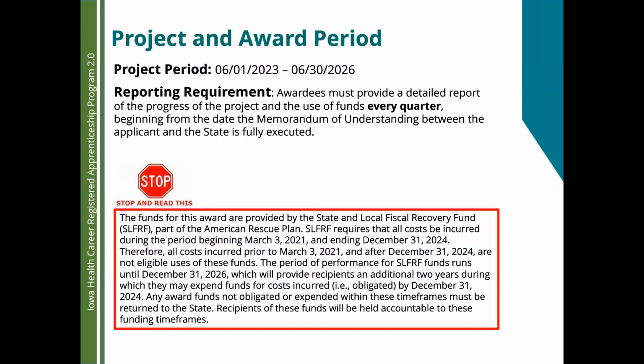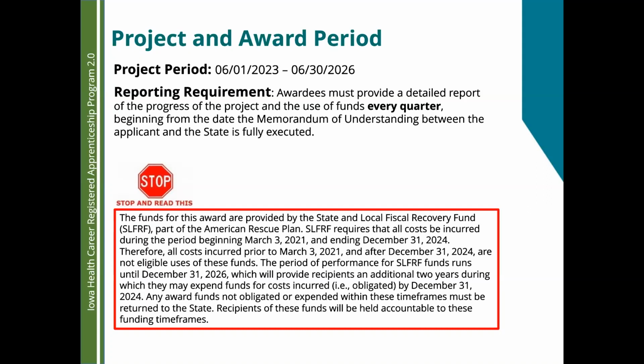So Patrick. Yeah, definitely. Thanks, Deb. And Steve, I saw your question in the chat about the 2021 versus 2024 date. This information in this red box is specific information directly taken from the State and Local Fiscal Recovery Fund program. The overarching American Rescue Plan Act of SLFRF funds started March 3rd of 2021.